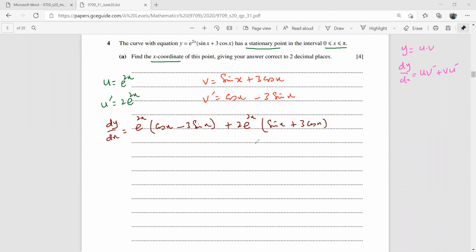And let me just take this e raised to power 2x common from here. So this is going to be cos x, because I might have to differentiate this again. So I just want to simplify this as much as I can.